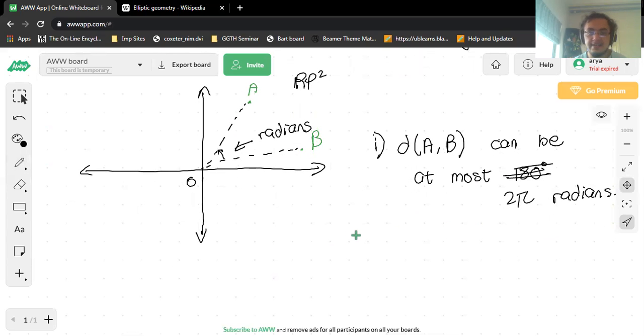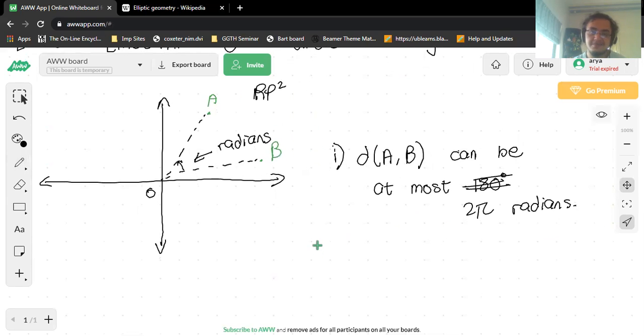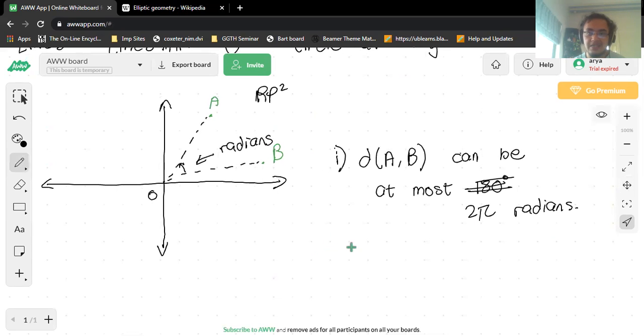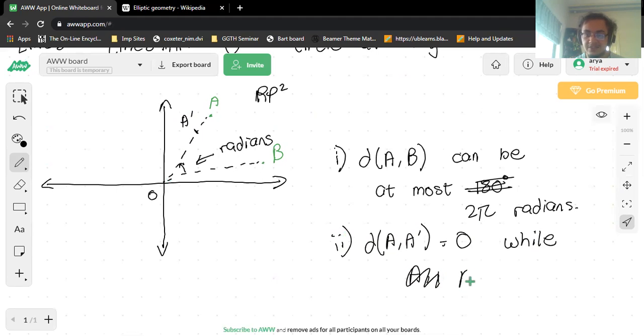And secondly, for any point on a line through the origin, say I let A dash be a point on the ray OA, the distance between A and A dash is 0, while A and A dash are different points, so A is not equal to A dash.